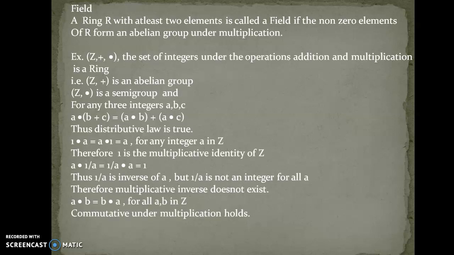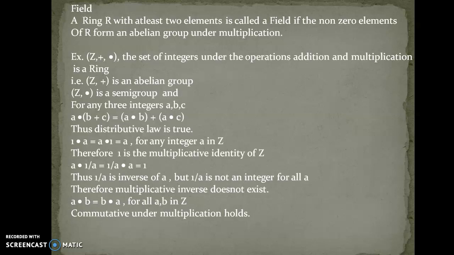So our attempt to prove this set of integers along with the operations addition and multiplication as a field fails for lack of this multiplicative inverse. But again, the commutative property can be proved, that is, a × b equals b × a.